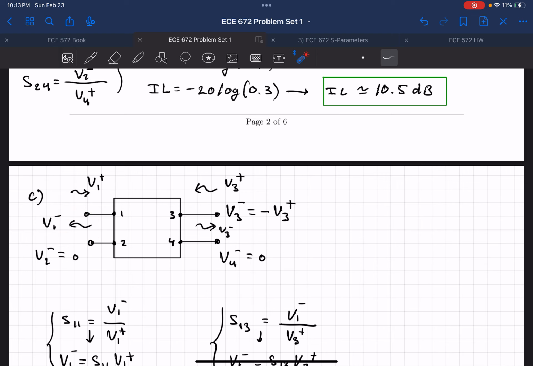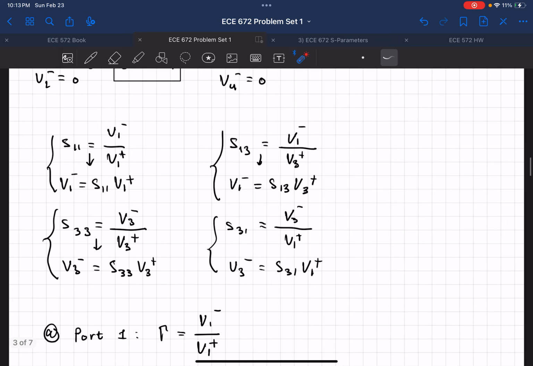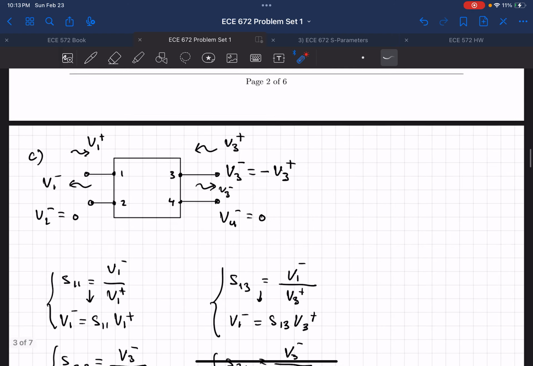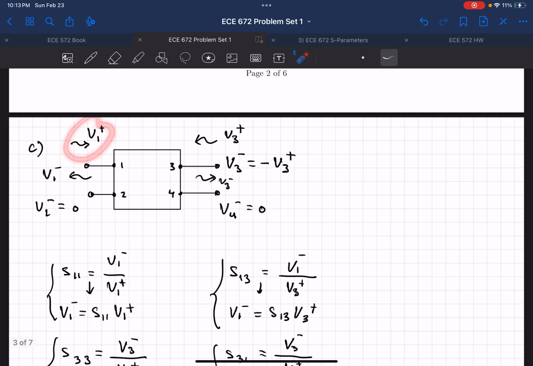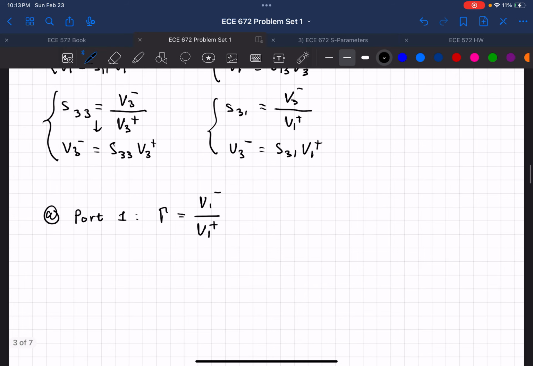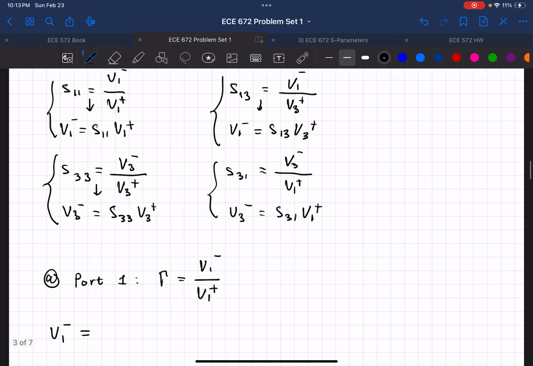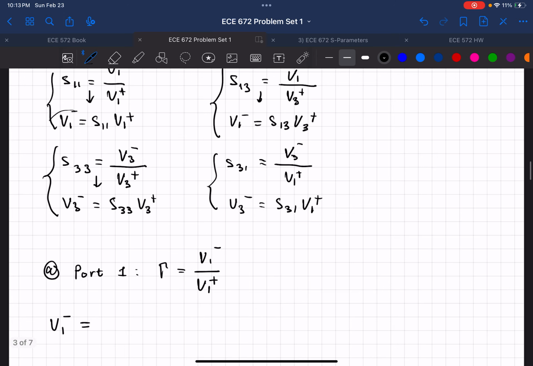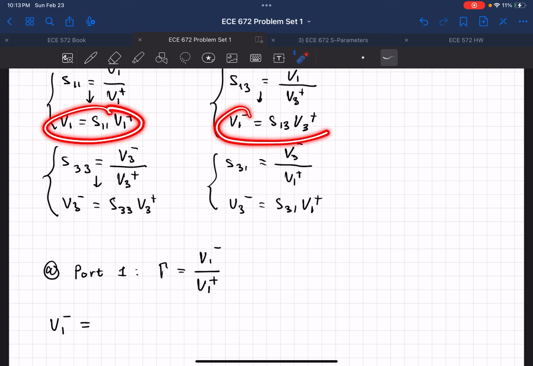So here we can see that V1 minus occurs twice, one from S11 or from V1 plus and one from V3 plus.